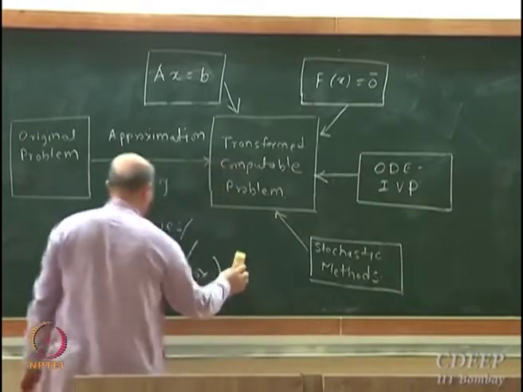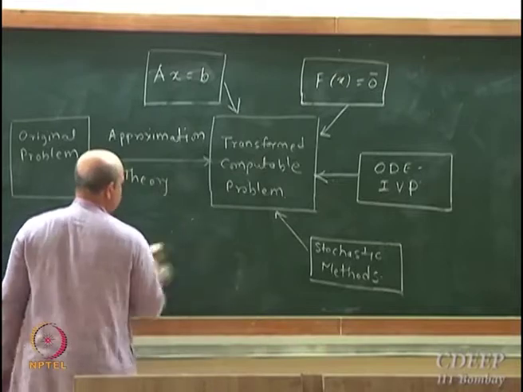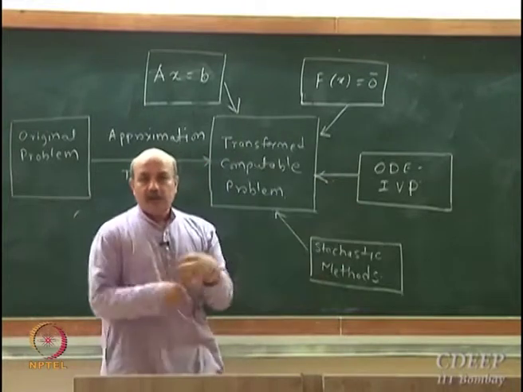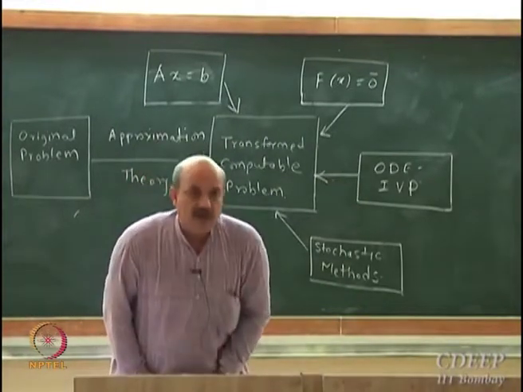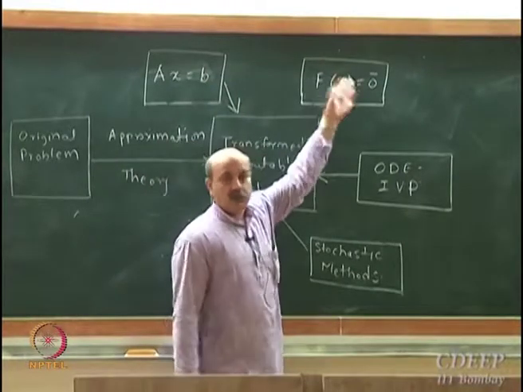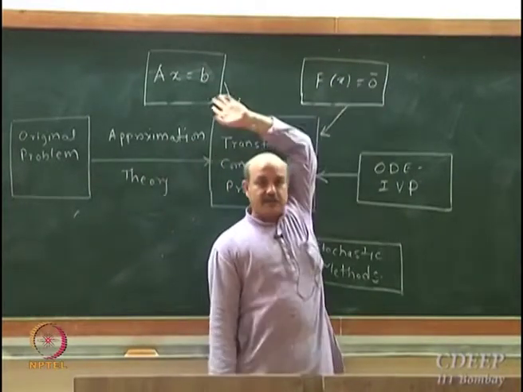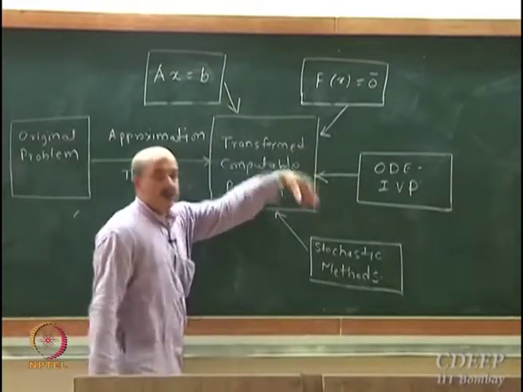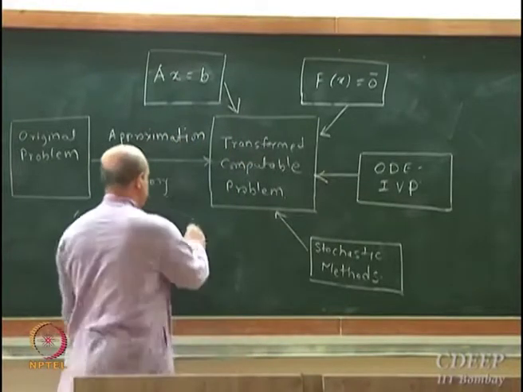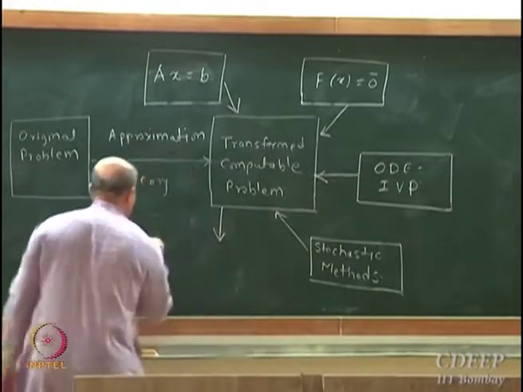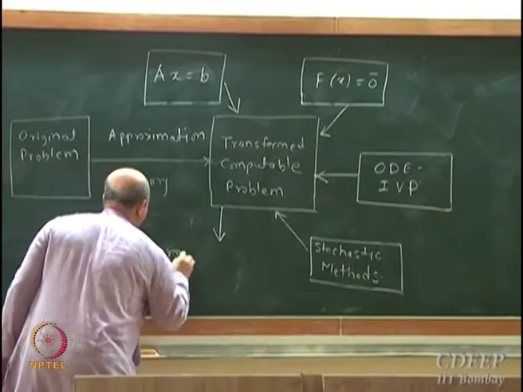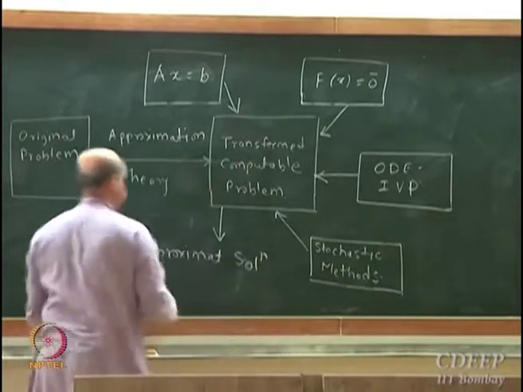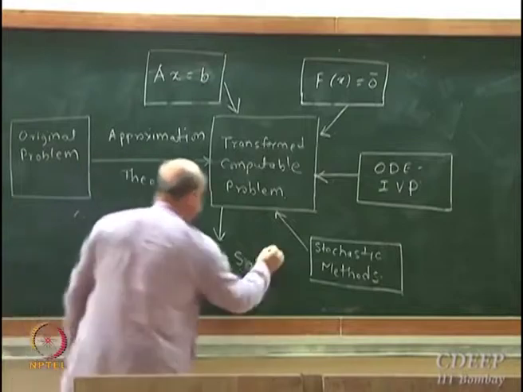What we expect after that, once we attack this problem with these tools or their combinations, is that it is not always that you will use only one tool. You might use this and this, because Newton-Raphson will require this, okay, to solve this and so on. So their combinations, and finally what comes out is the approximate solution. So this is my end result.